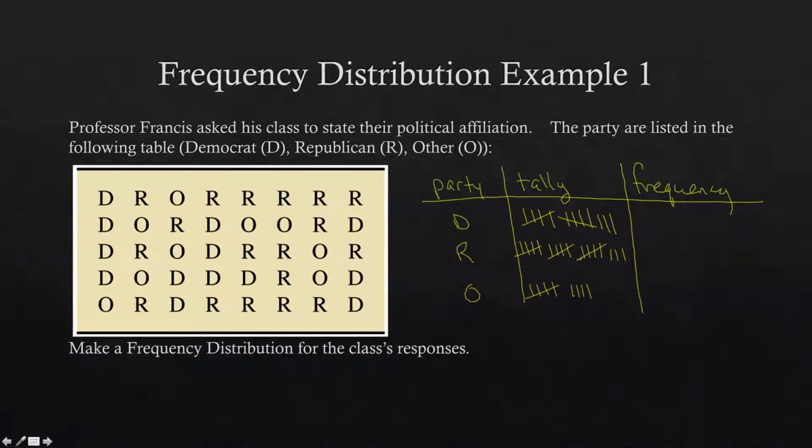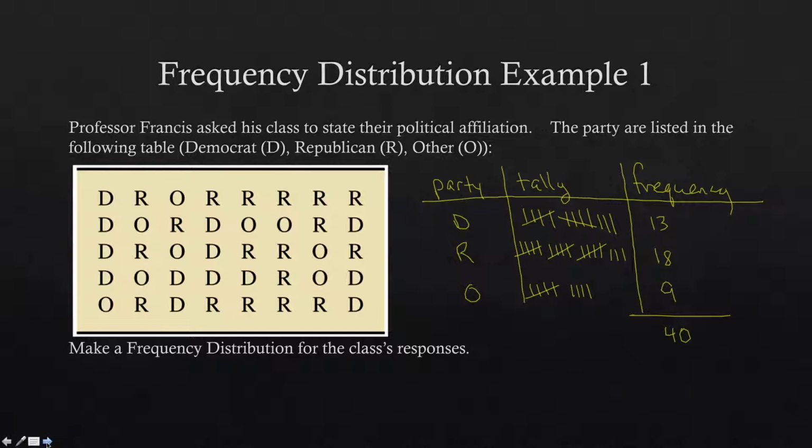So after you get your tally marks in here, go over here, count them up, and that's your frequency. So we have 13, 18, 9, and that's of course a total of 40. So this is what I mean by making a frequency distribution. It's pretty simple. A lot of people like this. If you have any questions, make sure you ask your professor on that.